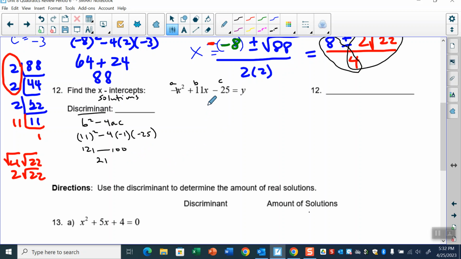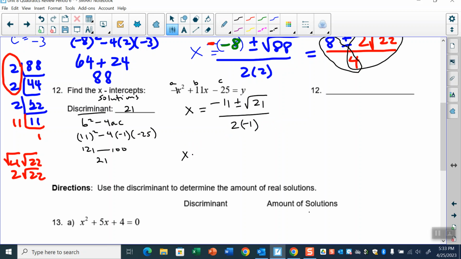Alrighty. And so now if I want to find the x's, right, the solutions, the x-intercepts, I'm going to say x equals the opposite of b plus or minus the square root of the discriminant, which the discriminant we found out here is 21, all divided by 2 times a, which was negative 1.